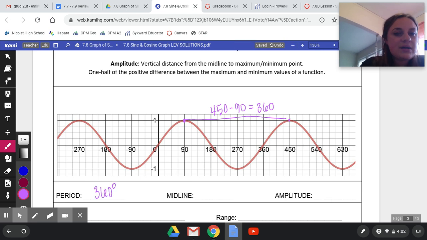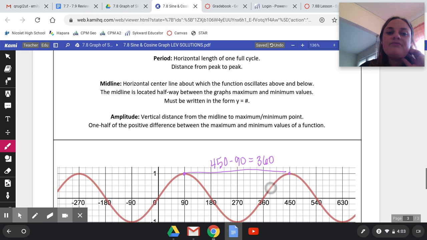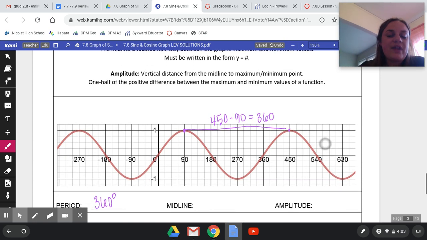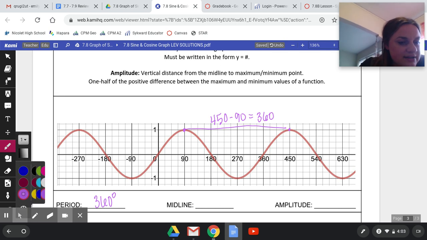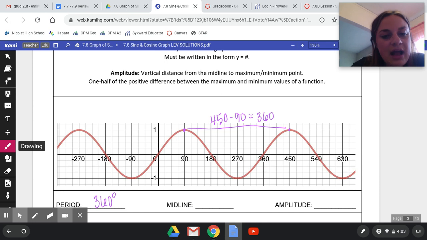Now let's talk about the midline. The midline is halfway between the maximum and the minimum. It's kind of what goes in the middle. Looking at this, let's find a different color. Here's the highest point, which is at +1, and the lowest point over here is at -1.